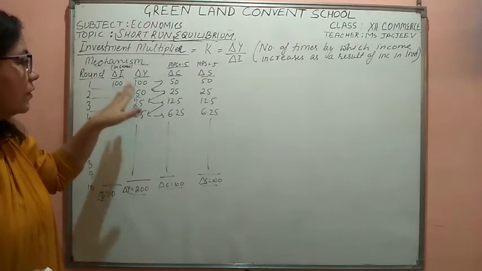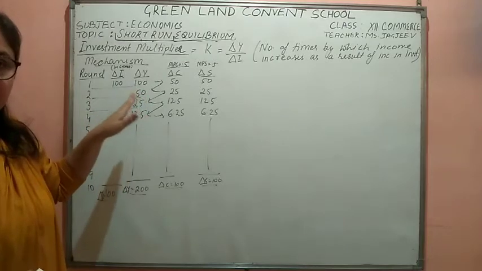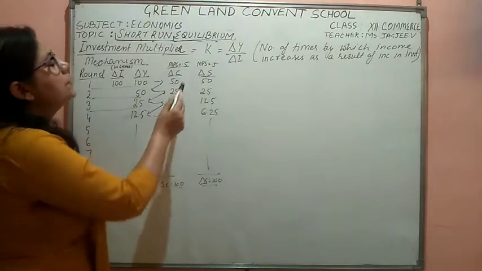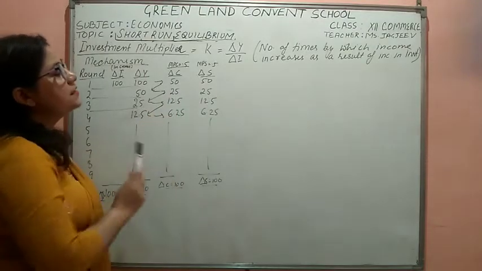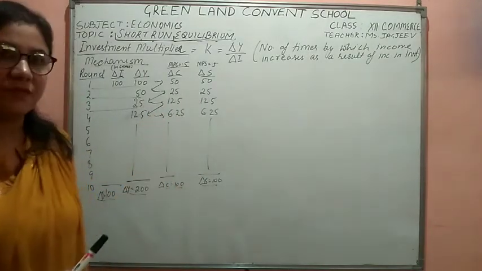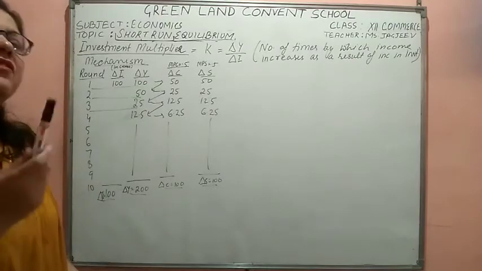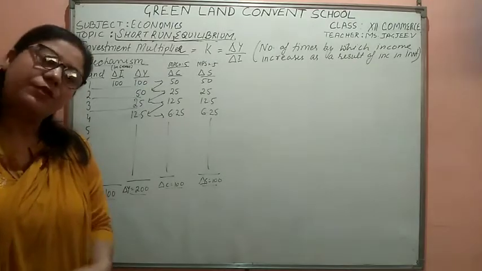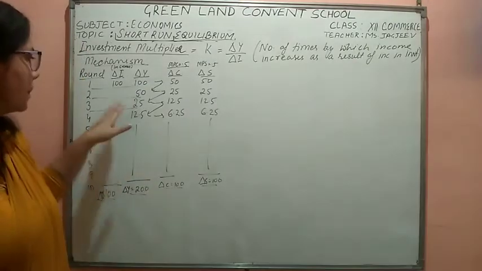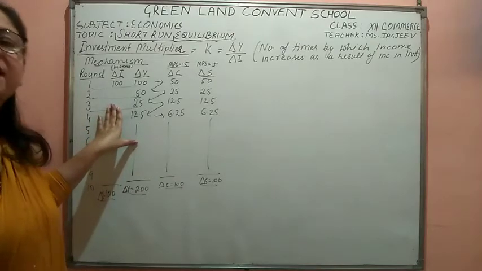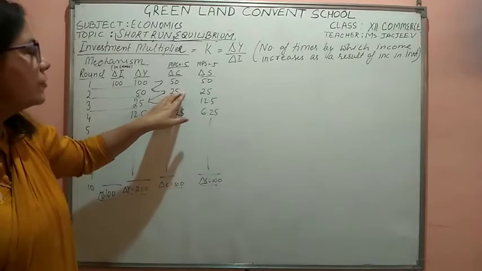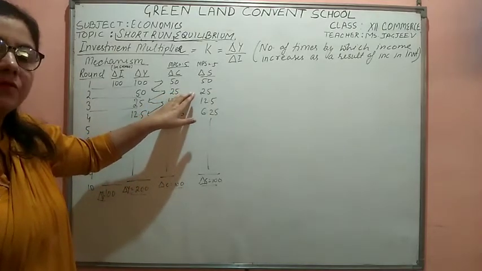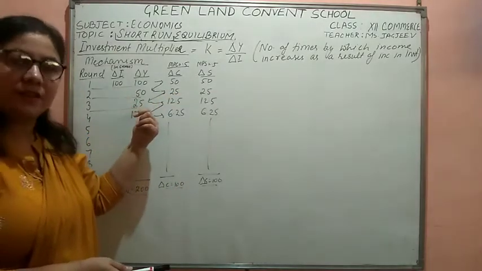What happens now? Out of this new income of 50 crores, due to the marginal propensity to consume being 0.5, 25 crores will be consumed and the rest 25 crores will be saved. Again 25 crores of consumption would convert into income in round 3. Now in round 3, those 25 crores which were consumed in round 2 become the change in income.